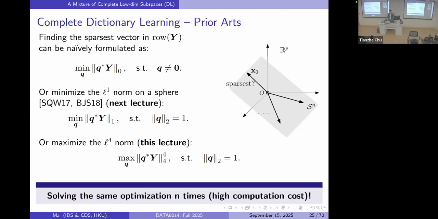I don't know what D is, and I don't know q either, but it doesn't matter. I'll find the q such that it exists, such that hitting the rows of y gives me the sparsest possible vector. The zero norm means counting how many non-zeros there are; minimize the number of non-zeros.